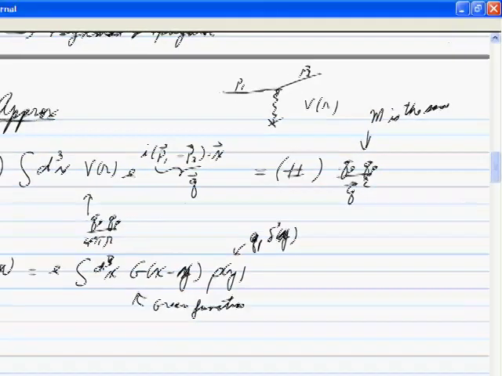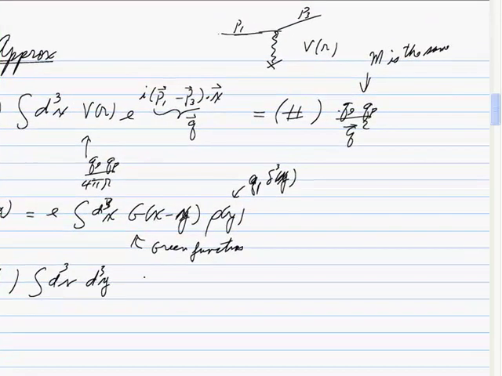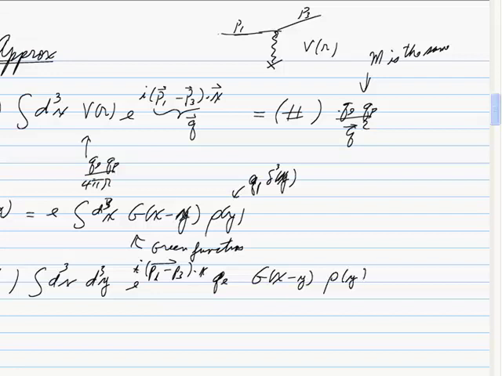So that implies that f of theta is, numbers again, the integral d3x d3y of e to the i (p initial minus p3) dot x, charge on the electron, Green's function of x minus y, rho proton of y.